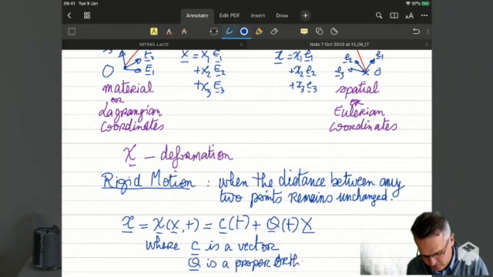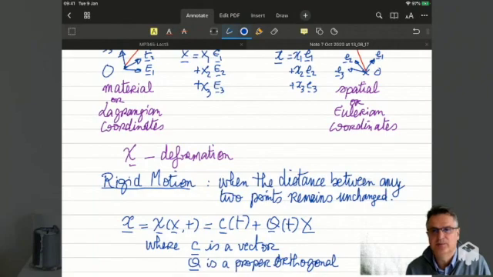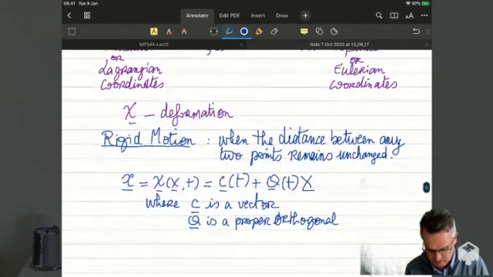I think I forgot to introduce orthogonal tensors in the online videos, but they are introduced in the lecture notes.